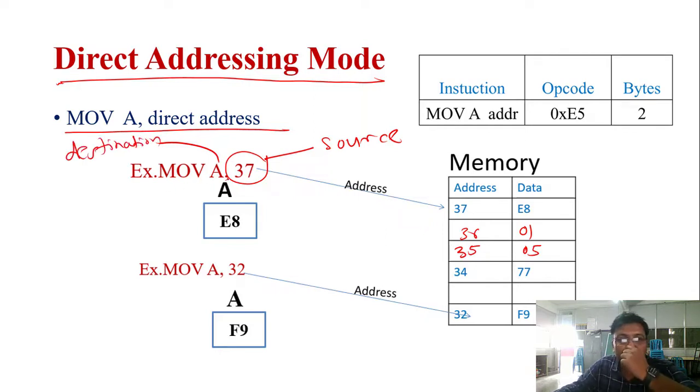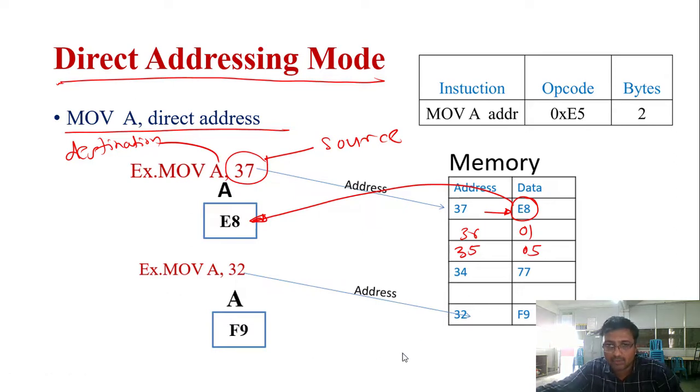If I write MOV A, 37, this copies the data present at 37. The data present at 37 is E8. That will be copied to the accumulator, so my accumulator contents are E8. If I write MOV A, 32, whatever data is present at that particular memory location, that is 09, will be copied into the accumulator.